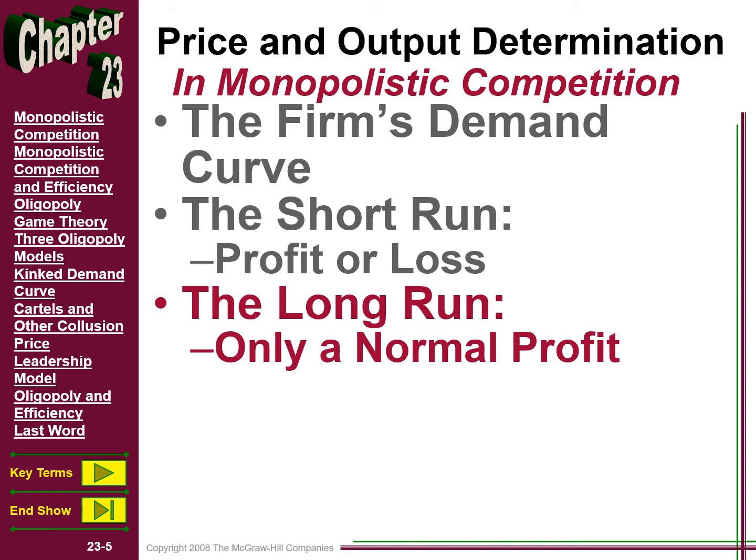There's no collusion available for price setting. Each firm acts independently. Each firm tries to differentiate its product based on some of the attributes. There's easy entry and exit into the market, and there's a high degree of advertising. What we're going to expect is that each firm, each producer, each business earns what economists refer to as only a normal profit in the long run.